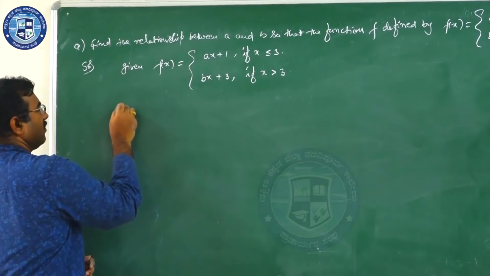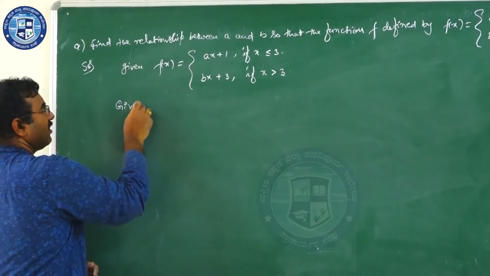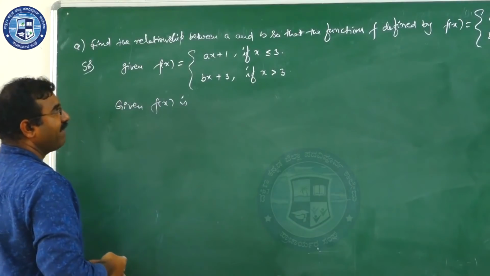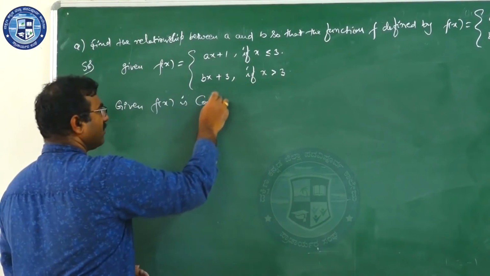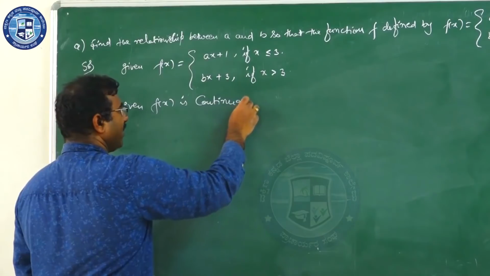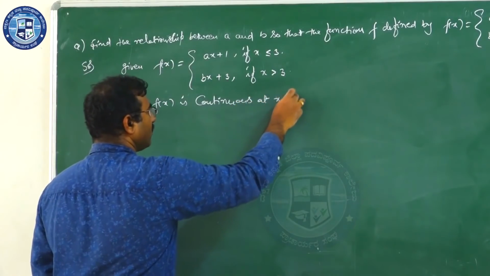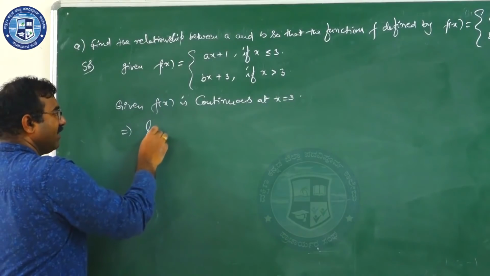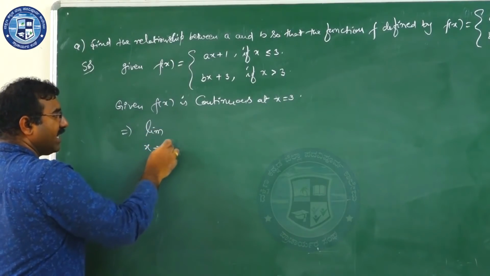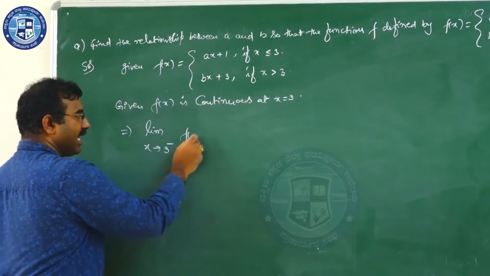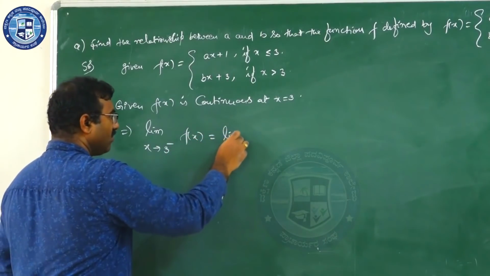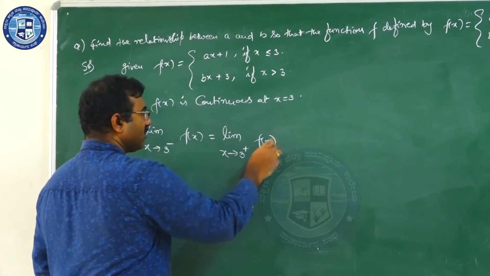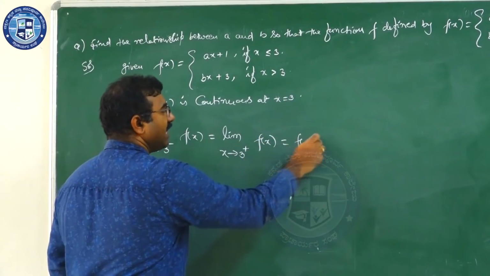Given f(x) is continuous at x equal to 3, which implies the left hand limit, limit x tends to 3 minus f(x), is equal to the right hand limit, limit x tends to 3 plus f(x), is equal to f of 3.